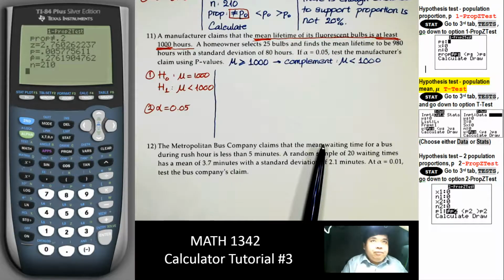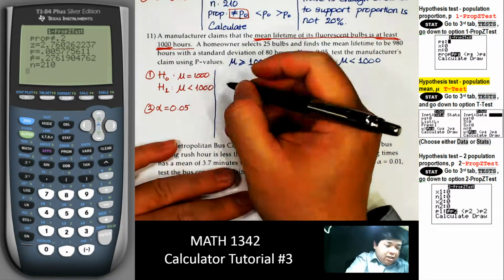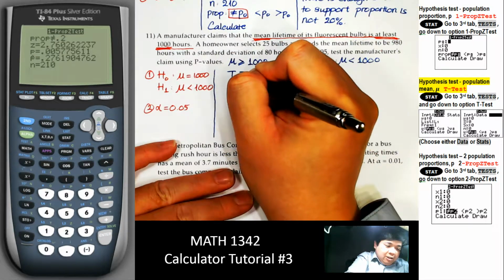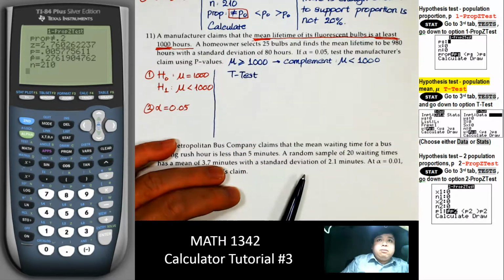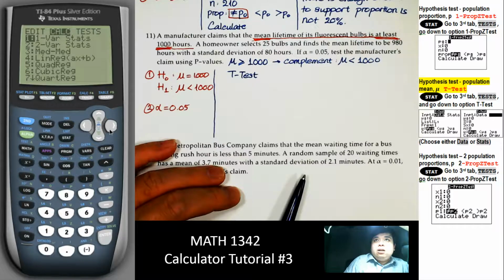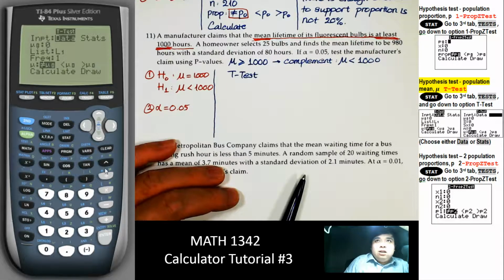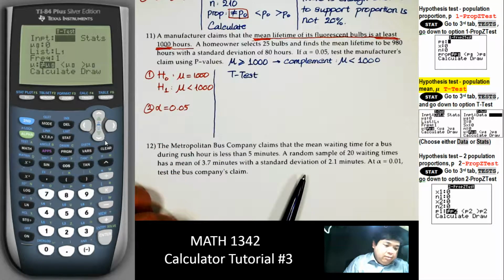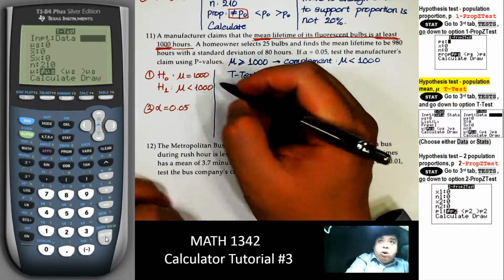Now we do that. So the t-test, and this one we have the statistic. We don't have the data, so we go with statistic, and we write down what they have.